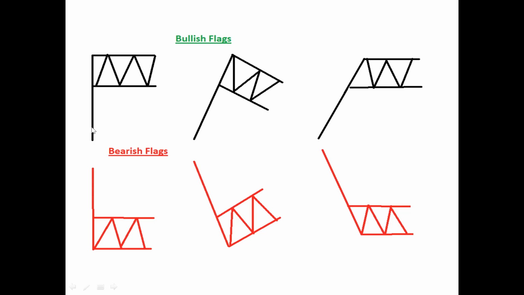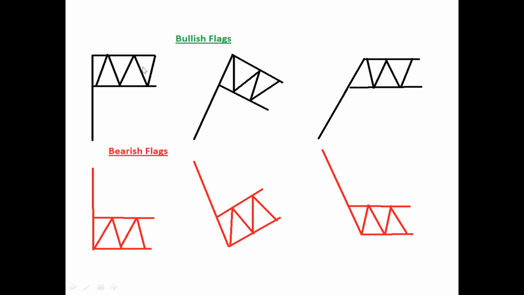There are two kinds of flags, a bullish flag and a bearish flag. So this is a bullish flag. This flag is formed by an impulse up move. There is a sudden impulse up move with increased volume, right? And after that, the market goes into consolidation. It consolidates for some time and then it breaks out to the upper side.